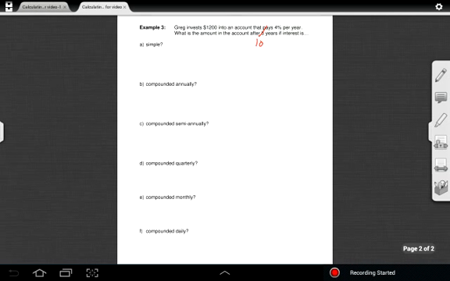Now, mostly interest is compounded, meaning it gains interest on interest. Of course, loans are that way. So compounded annually, that means once a year. So let's take a look at what P is, what I is, and what N is. P is our principal, it's $1,200. I is our interest rate per compounding period.